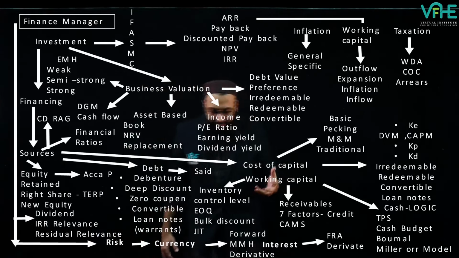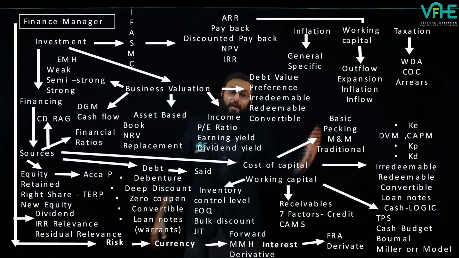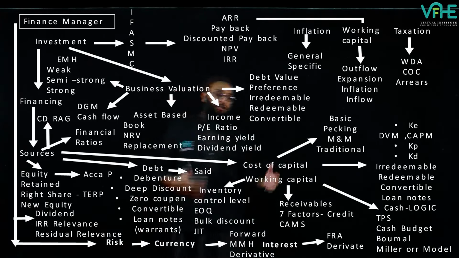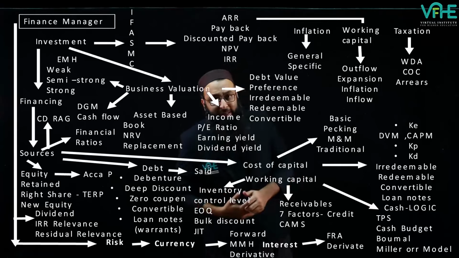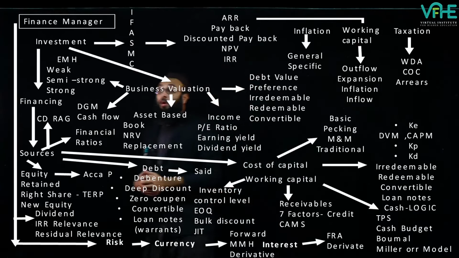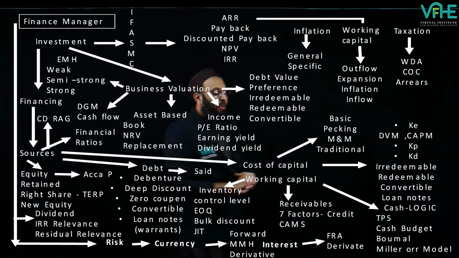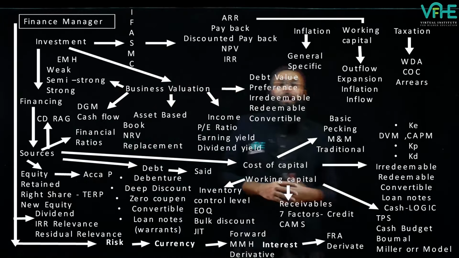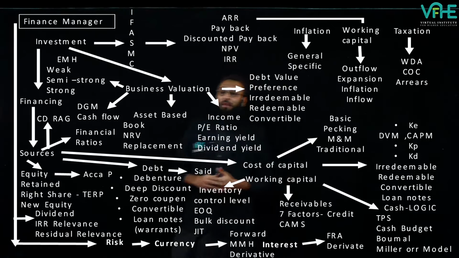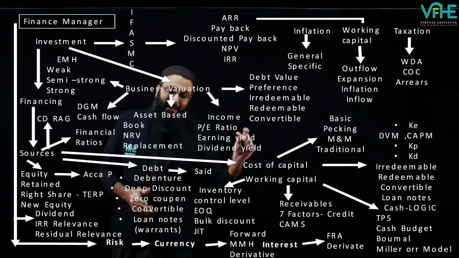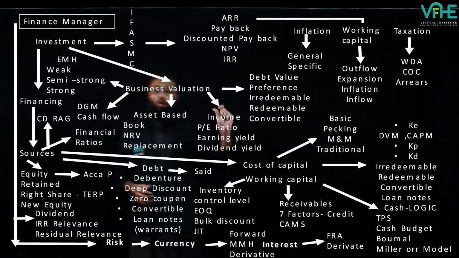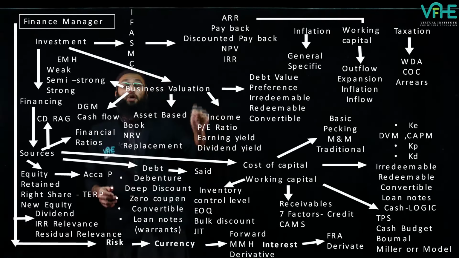The risk that you are facing is the interest rate will rise. Okay, so this is interest rate risk. So how do you hedge yourself? Number 1 is forward rate agreements. You hedge yourself through FRA, which means that you lock a future rate with a bank. So whatever the rate will be in the future, your rate has been locked and you will borrow or lend according to that rate only.